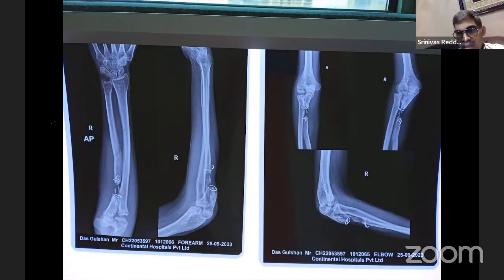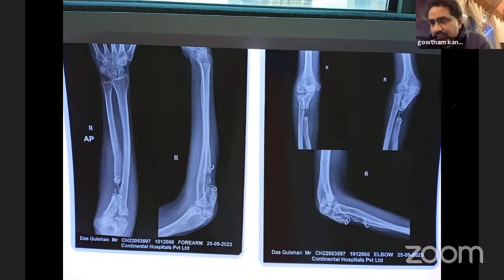Yes, but the movement is occurring at the humero-ulnar joint, the elbow only, but there is abnormality in the anteroposterior direction. We have to transport that.